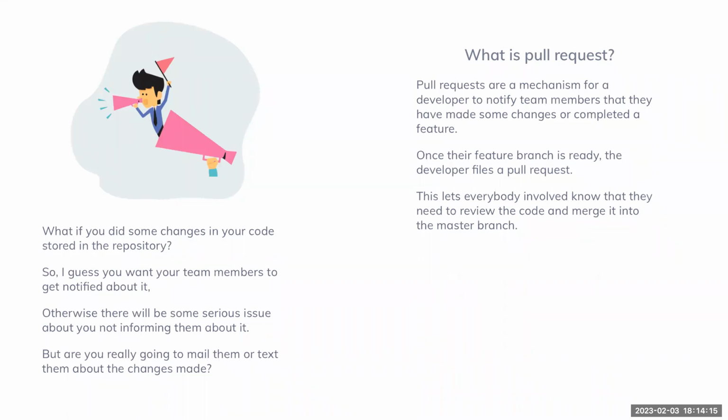Once you approve it, there will be a build job which runs, so that we will see it when we go to GitLab. This lets everybody involved know that they need to review the code and merge it into the master branch. So that is the next step that we do, merge.